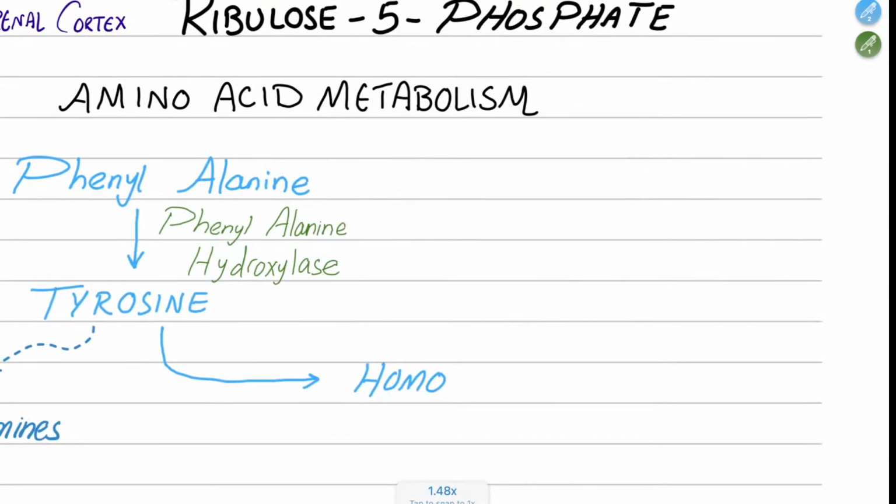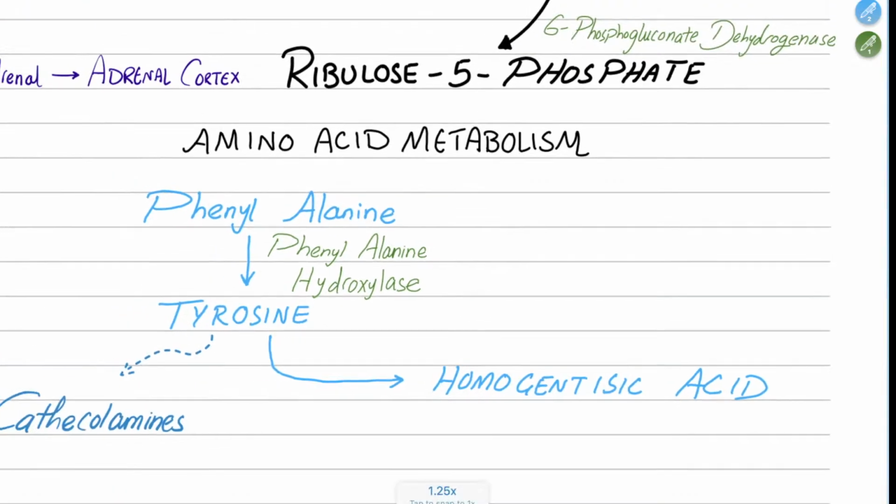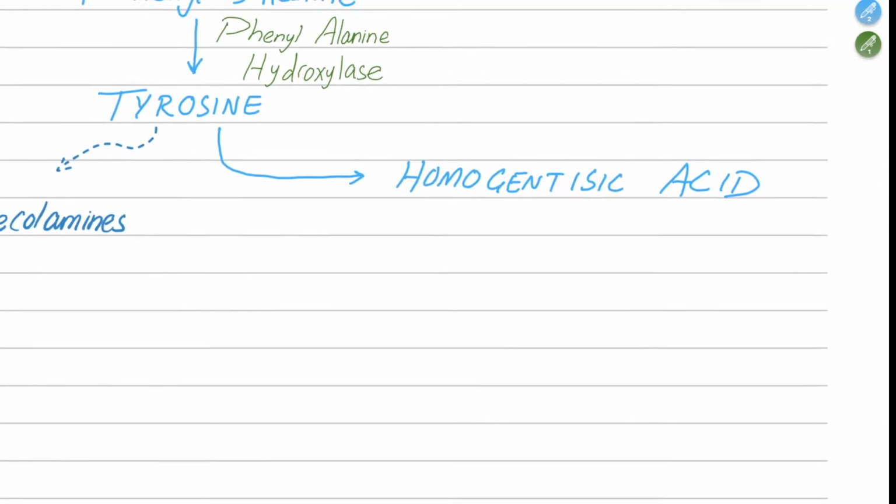Now, homogentisic acid can convert into another thing. This is the most important part. It can convert into maleylacetoacetic acid. That's a possibility.